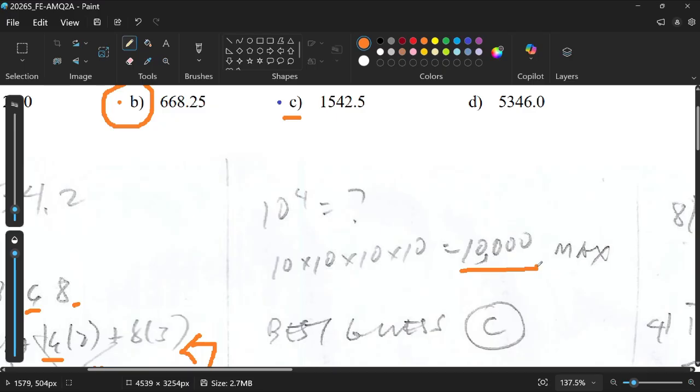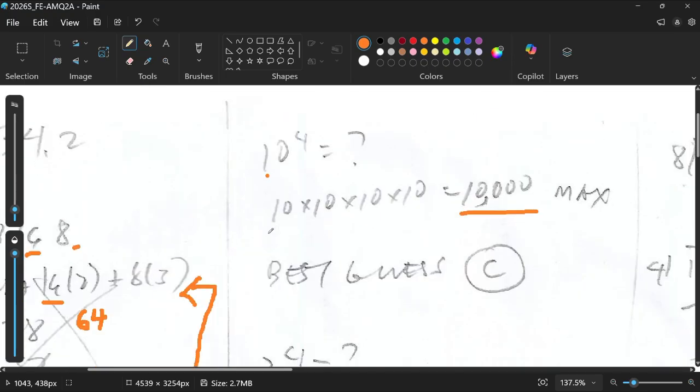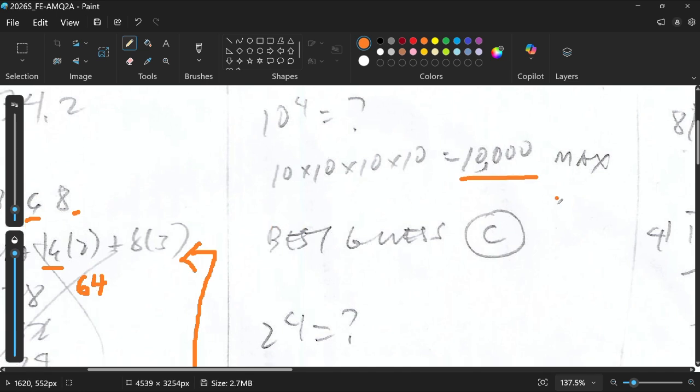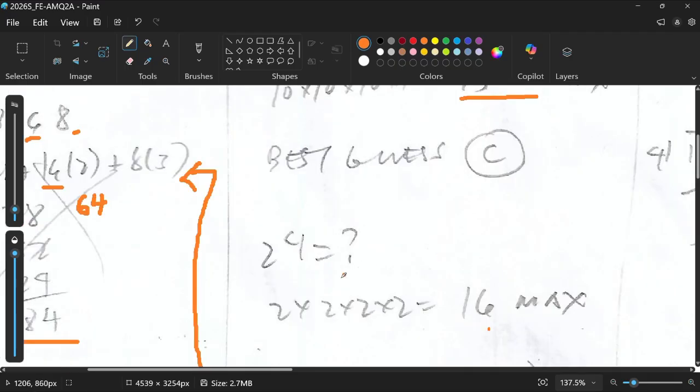Now, that's too much because we're not doing decimal yet. We are doing octal first. So if this were octal, how would it be? What is the maximum? Now, before I went there, I also thought of twos because I was thinking about binaries. What would be the maximum if we did twos? And I ended up with 2 times 2 times 2 times 2, which is 16. And that is really low.